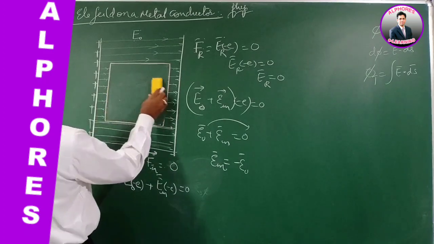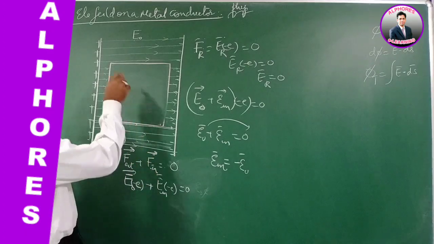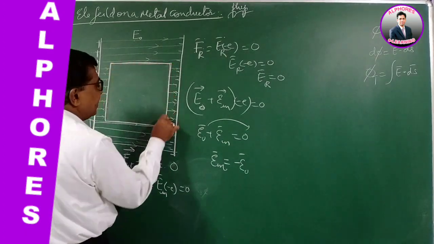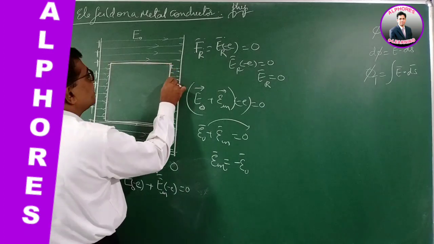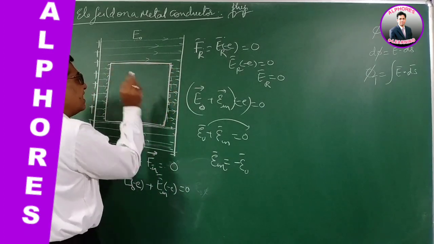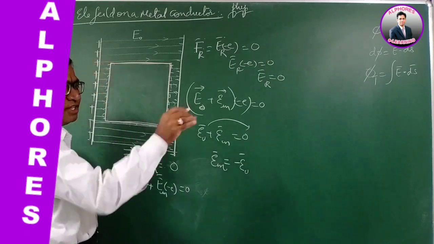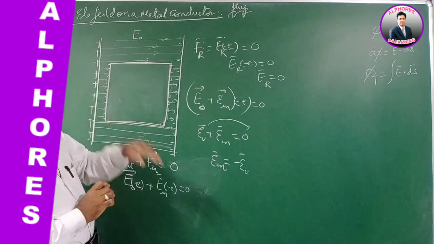So when I place a block inside an electric field like this, the charges are induced such that they remain on the surface. Inside the conductor, the net electric field is 0. Right? So there exists no electric field inside the conductor.